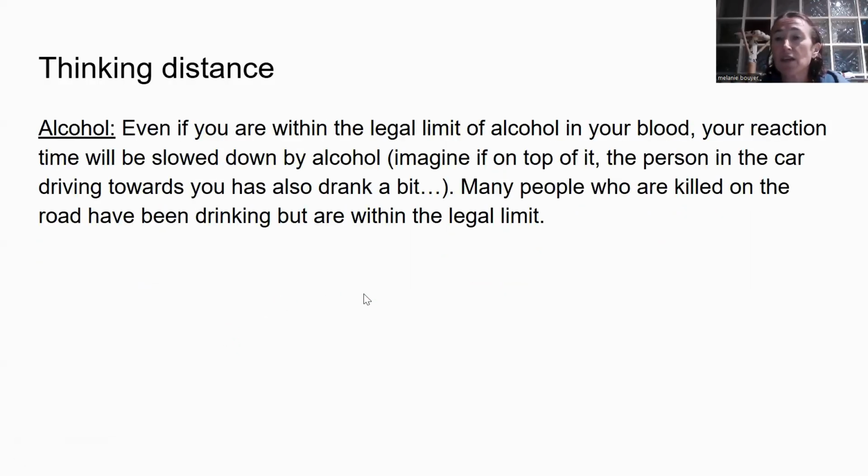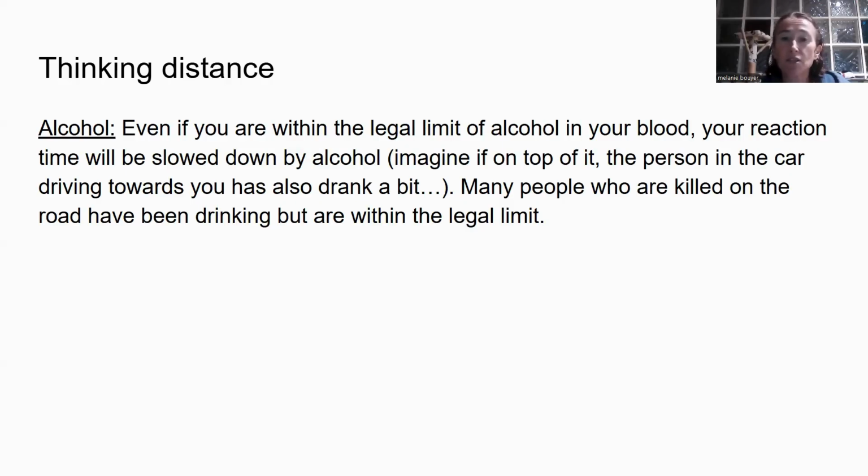Alcohol. There is a legal limit within which you're still allowed to drive on the road, even if you've had a drink, as long as you're within the legal limit of alcohol in your blood. But even if you are within that legal limit, alcohol will have an impact on your reaction time. Alcohol will typically slow down your reaction time, and therefore it will increase your thinking time and increase your thinking distance.